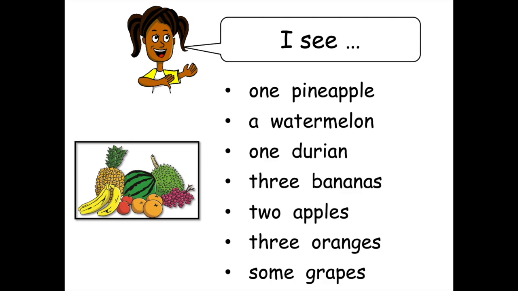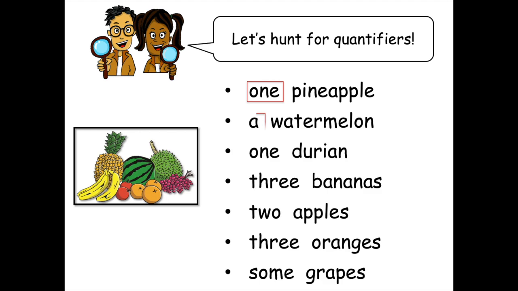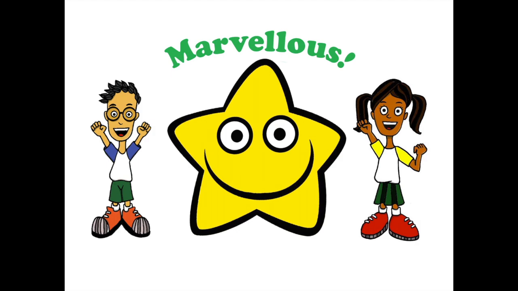So I know how many of each item there is. Let's hunt for quantifiers. So we have 1, a, 1, 3, 2, 3, and some. So I know exactly how many of each item there is. You will also notice that the quantifier comes before the noun.